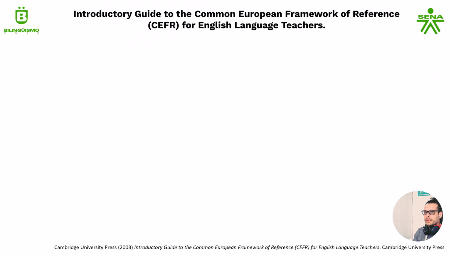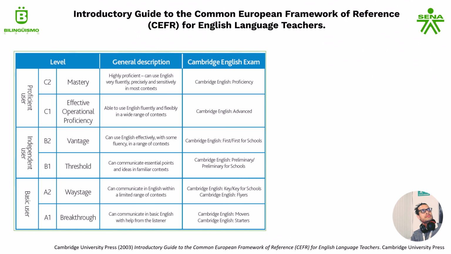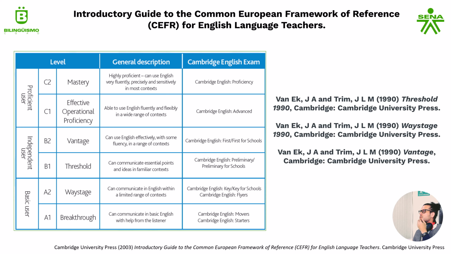Okay, so I think you know about the different levels. They give them names. These names appear because of the first person who created a level system for languages. I don't remember the name of the person, but he was the first person who started doing this.